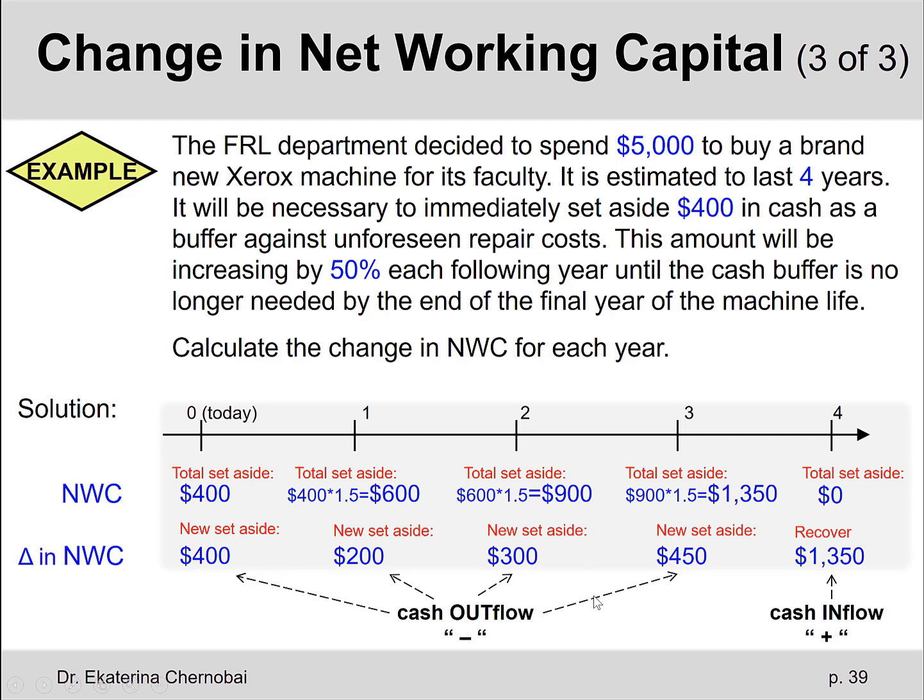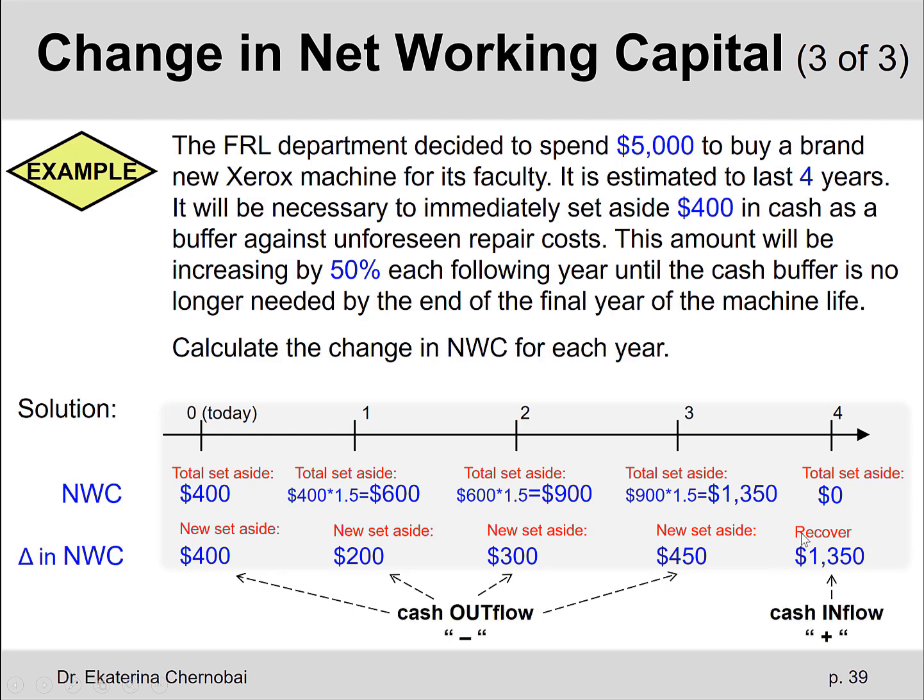Just to emphasize, all the changes in net working capital in this numerical example, all the way until the final year, are cash outflows to the firm, money that is invested. So you can put a negative sign in front of $400, in front of $200, in front of $300, and in front of $450.